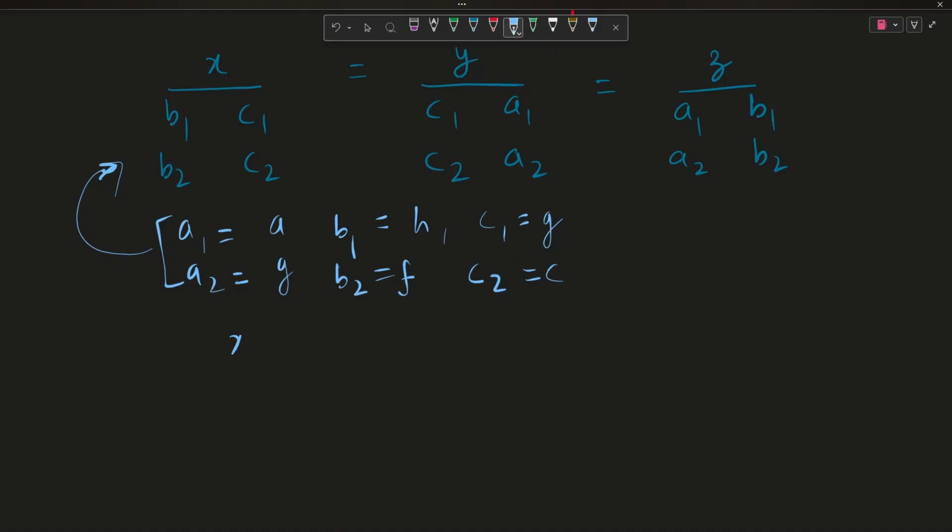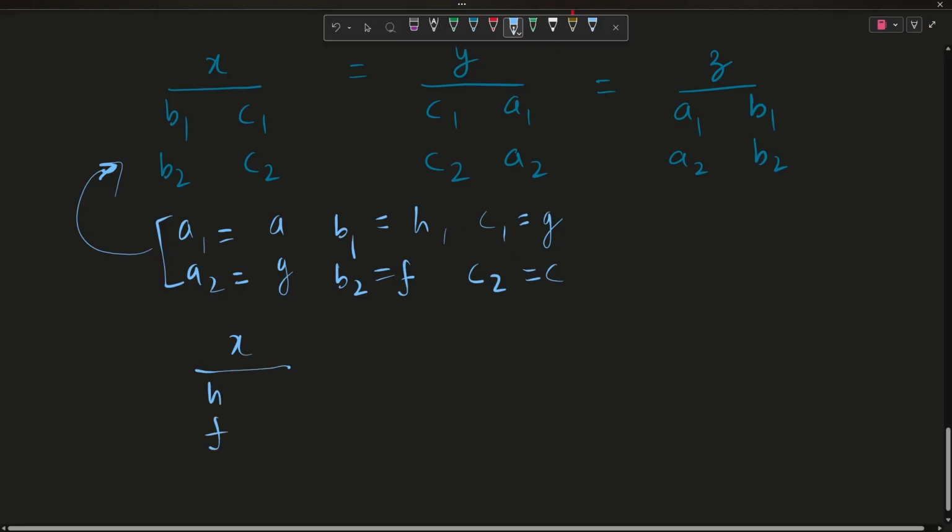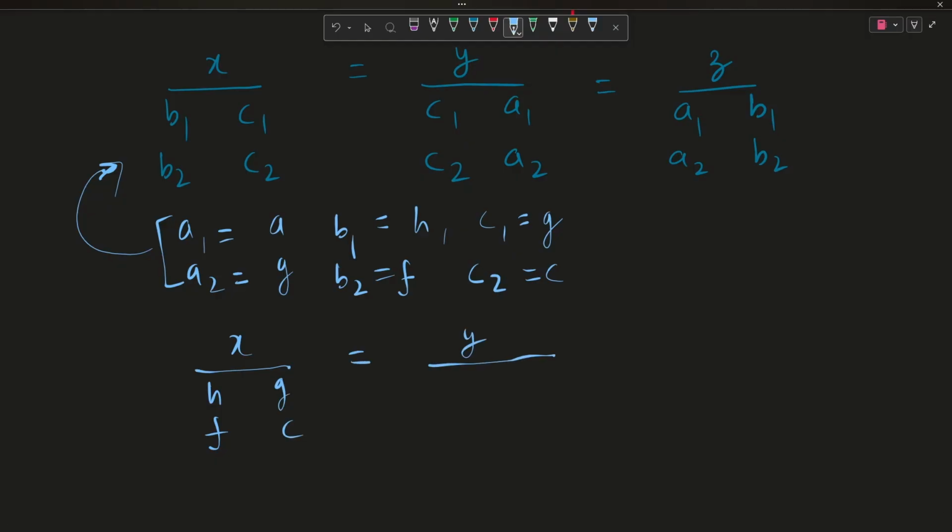So it becomes x upon h upon f, g upon c, is equal to y upon g upon c, a upon g, is equal to z upon a upon g and h upon f, right?